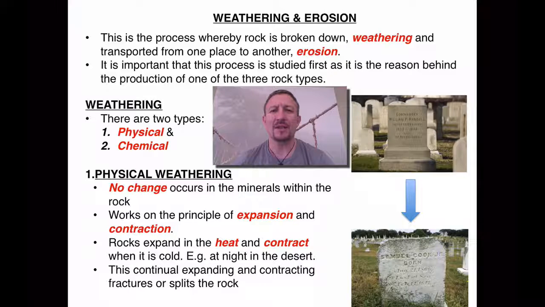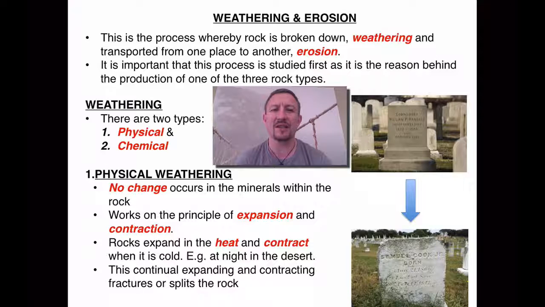Now, the main processes that can occur with weathering are expansion and contraction. This is quite interesting, especially when you look at rocks, because as rocks get further down in the Earth's crust, they get subjected to heat and pressure. When you heat something up, the minerals, the chemicals inside it, begin to expand.